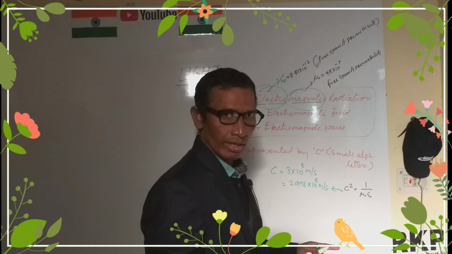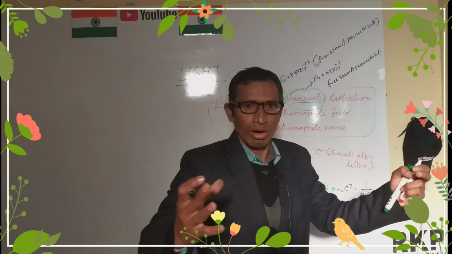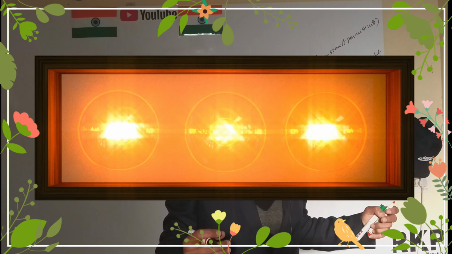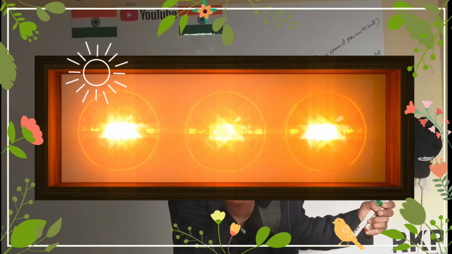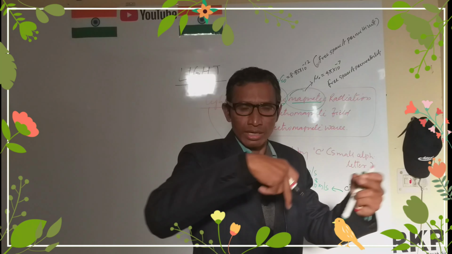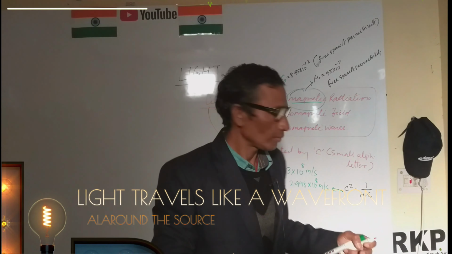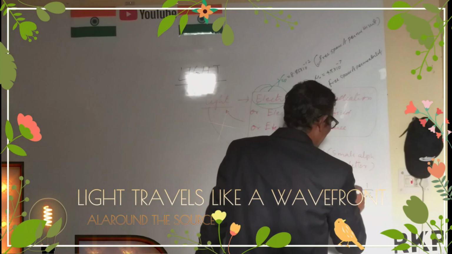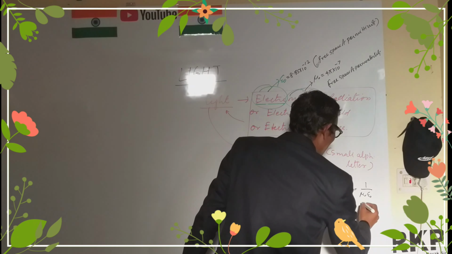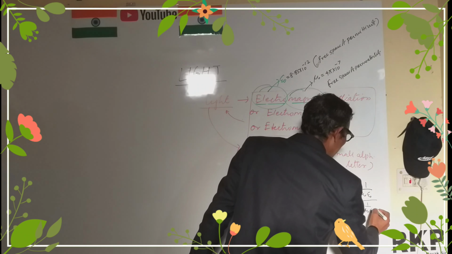Light follows quantum theory, and it spreads through a medium as well as vacuum. When light glows, it spreads as a circular wave, like a wave front. So c equals root under 1 upon mu naught epsilon naught.